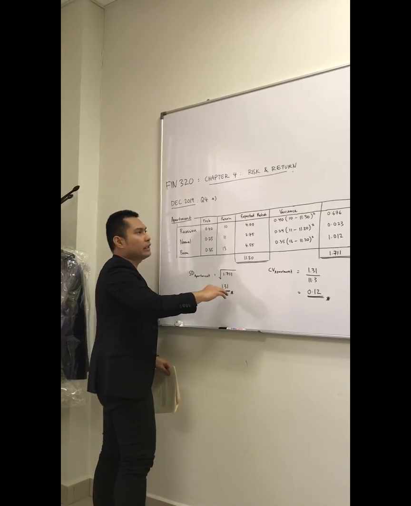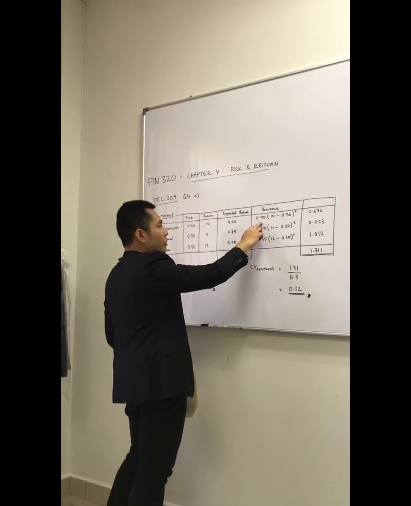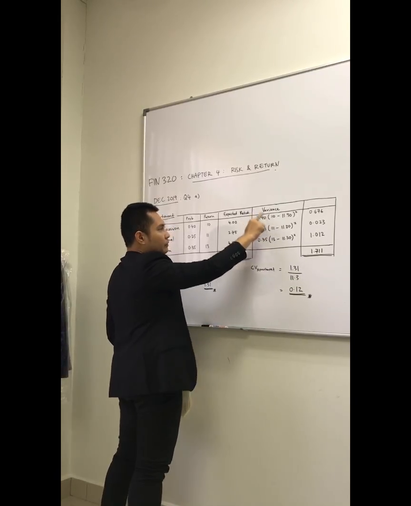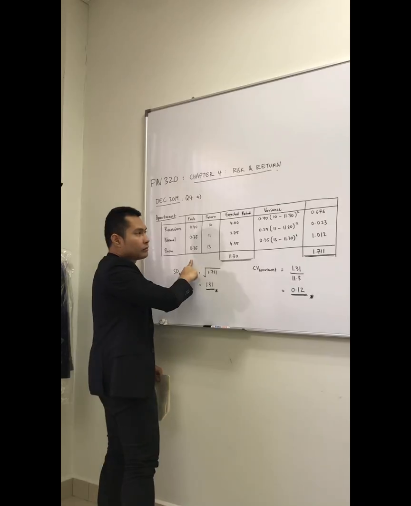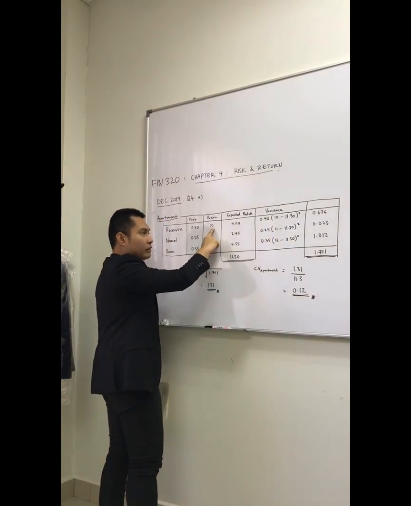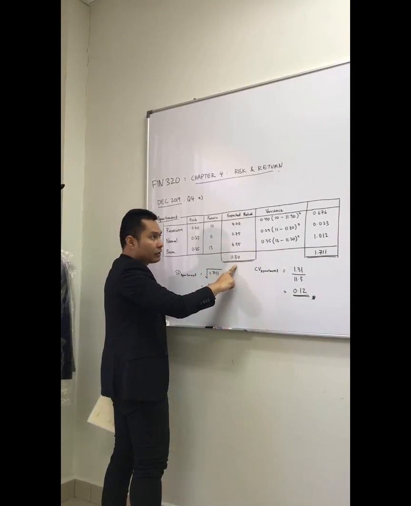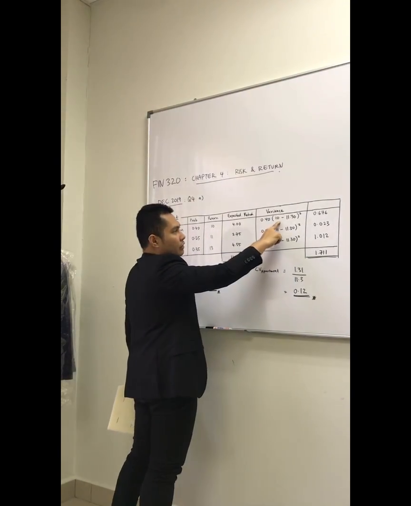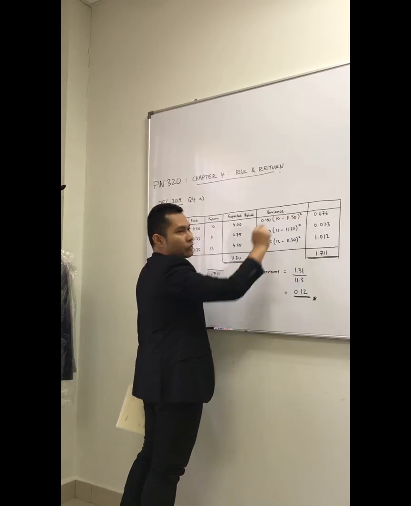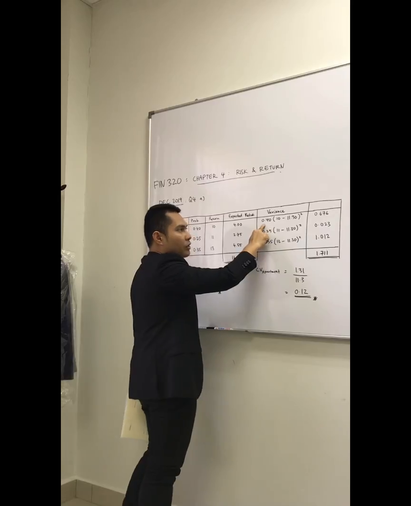Okay, and then next part is you calculate the variance. So 0.4, this is the probability, and now it's the return minus the expected return, power of 2. So solve this first and then times with 0.4.